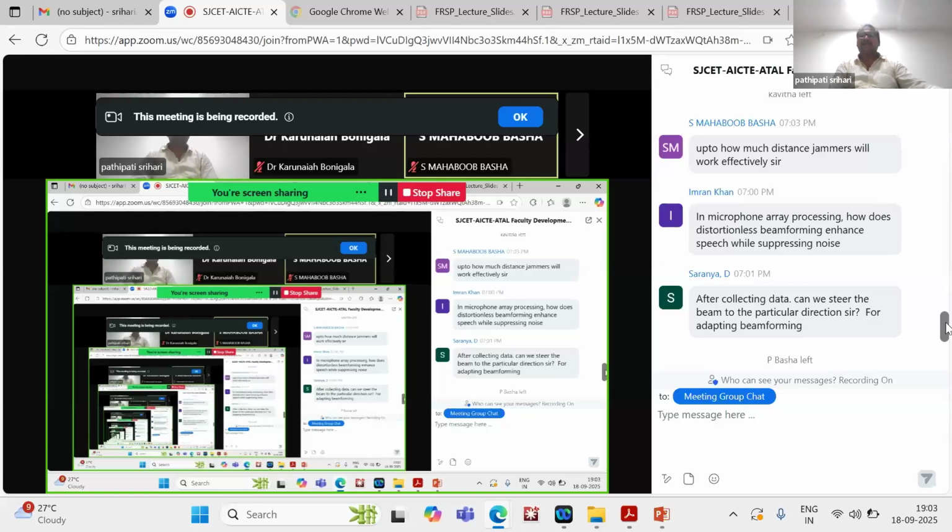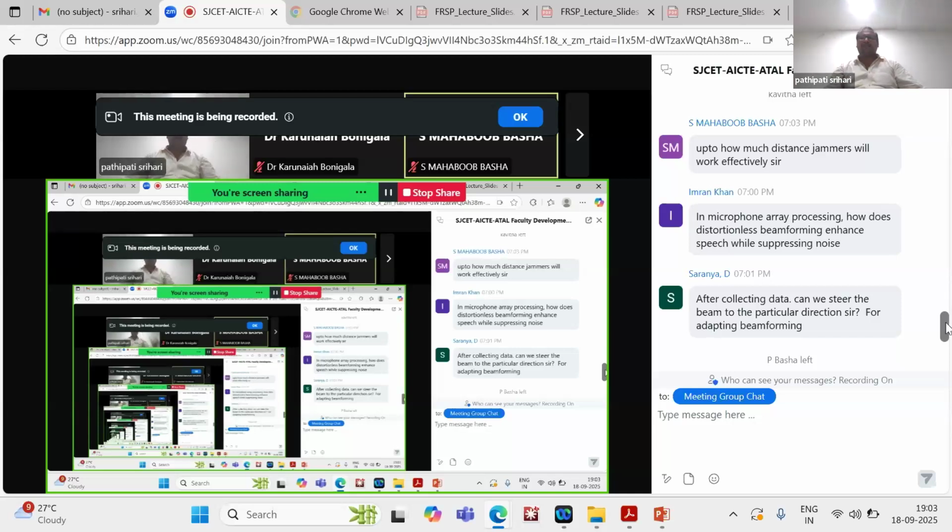Then, after collecting data, can we steer the beam to a particular direction? Before collecting the data, in receive beamforming, generally we adapt the receiver filter coefficients, in software form, because when I have multiple antennas, I try to look in certain directions and see where my echo is coming from.